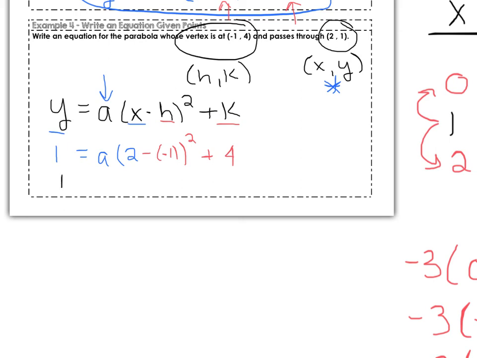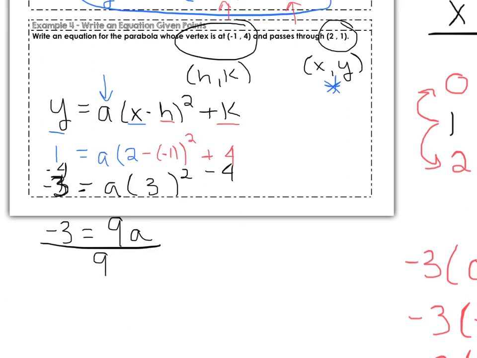So now, if we subtract 4 from both sides, 1 minus 4 gets me negative 3, which is equal to a times the quantity of, well, 2 minus negative 1 is actually 3. So we have negative 3 equals, and 3 squared is 9, so it equals 9a.